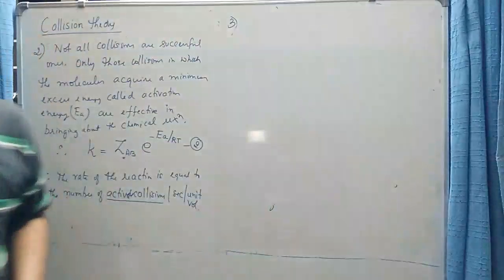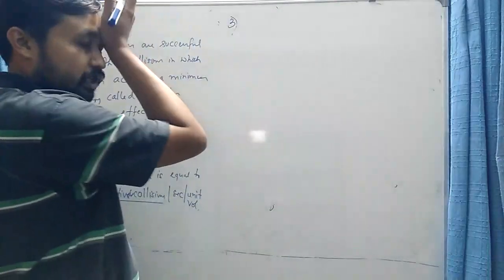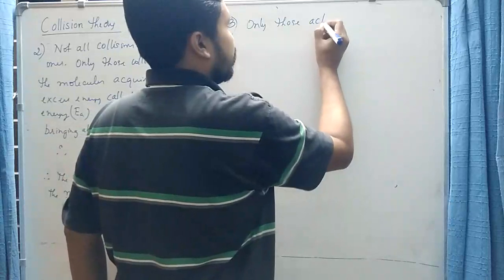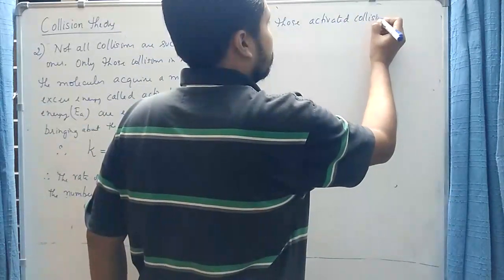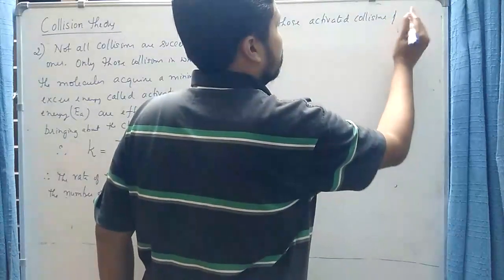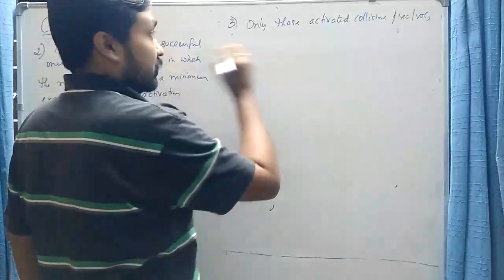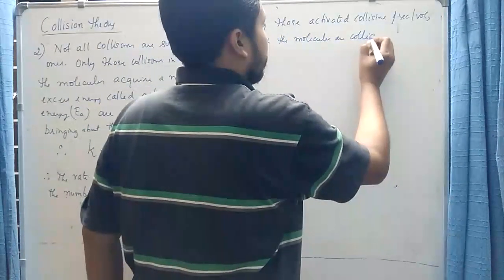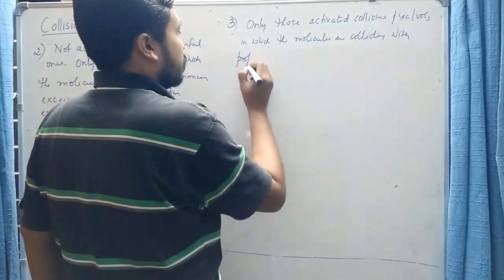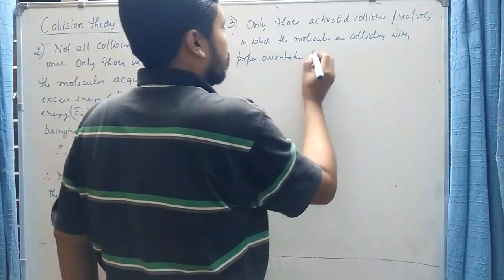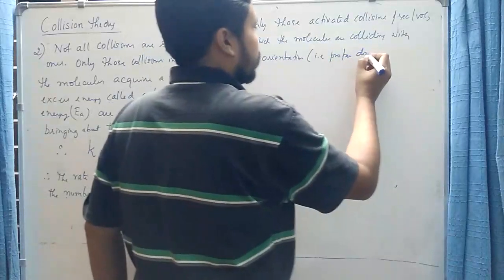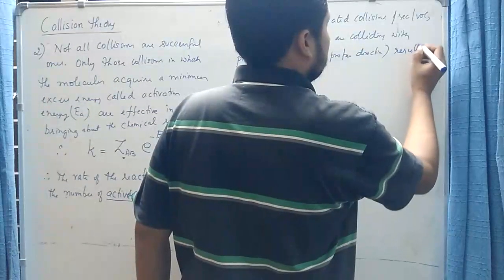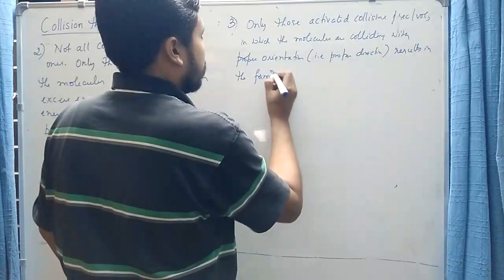a justifiable answer. We are modifying this equation 2, and the modified collision theory states that only those activated collisions taking place per second per unit volume in which the molecules are colliding with proper orientation, that is in proper direction, result in the formation of product.